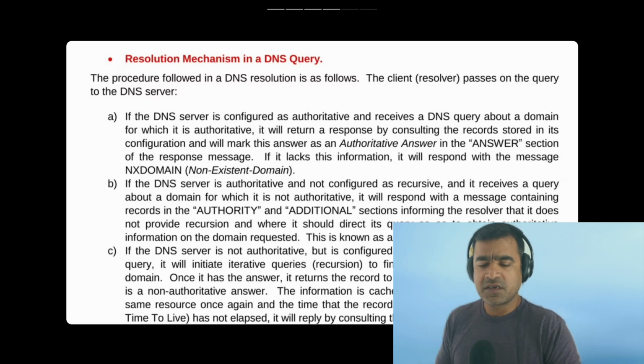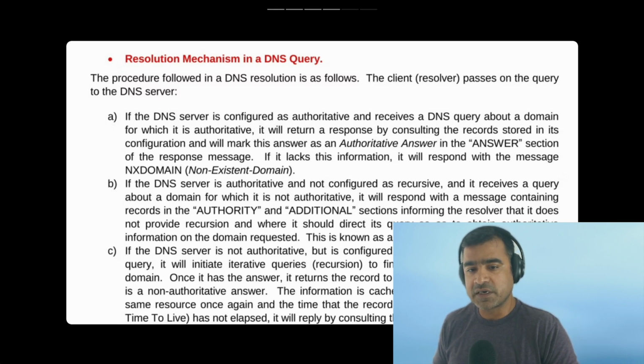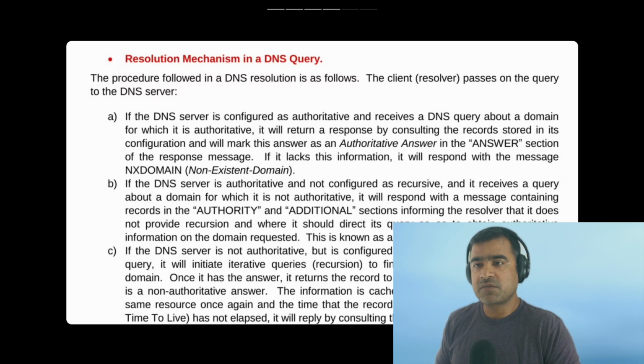So this is pretty implicit, right? If you are queried for something for which you are not authoritative, and at the same time you don't have the privilege to do a recursive query, then the best you can do is return the information about who the original query should go to in the additional section, and that becomes a referral response.